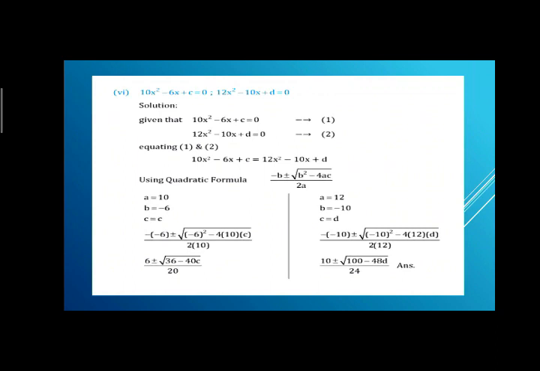Similarly over here we have to apply the quadratic formula because the equation is in quadratic form. What's the quadratic formula? That is minus b plus minus under root b square minus 4ac, divided by 2a. For both the left hand side and the right hand side, you just apply the quadratic formula. So from the left hand side you know that a is equal to 10, b is equal to minus 6 and c is equal to c.